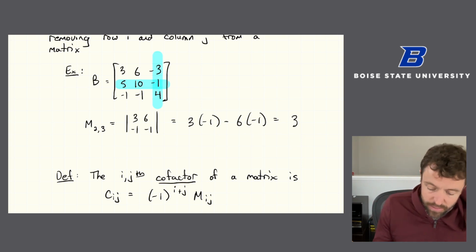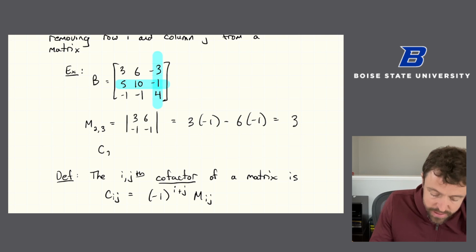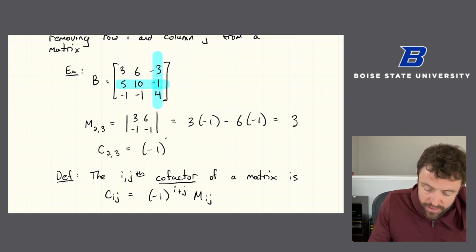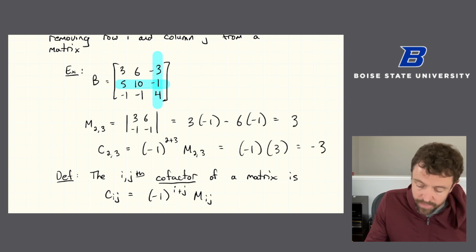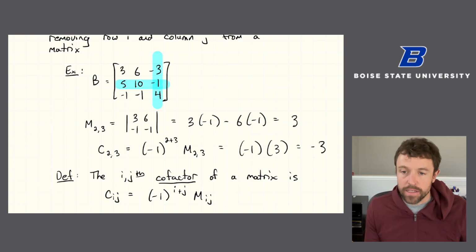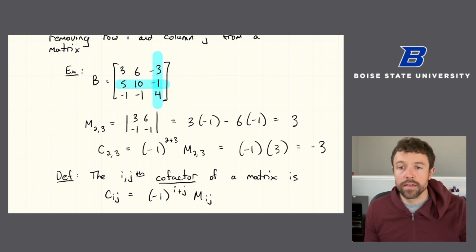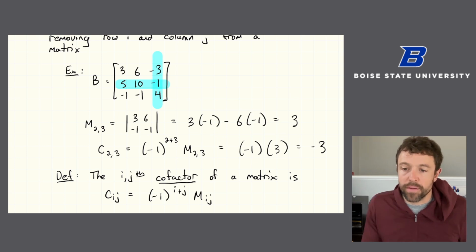So in this example, C sub 2, 3 is (-1)^(2+3) times M sub 2, 3. So it's -1 times 3, which is -3. And so these cofactors are going to allow us to multiply by -1 or not, in the way that the formula needs us to.